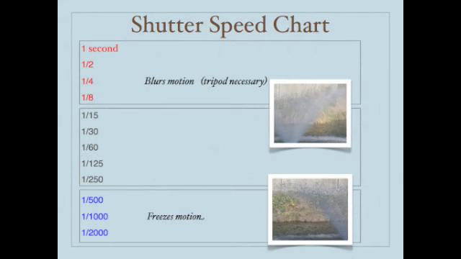So let me see if I can give you sort of a foundation of how shutter speed relates to each other. So for example, on a lot of our cameras, a slow shutter speed would be considered 1 second, a half a second, a fourth of a second, and an eighth of a second. That means the shutter is going to be open for that amount of time, which doesn't seem like a lot, but when it's a shutter, it is a lot of time.